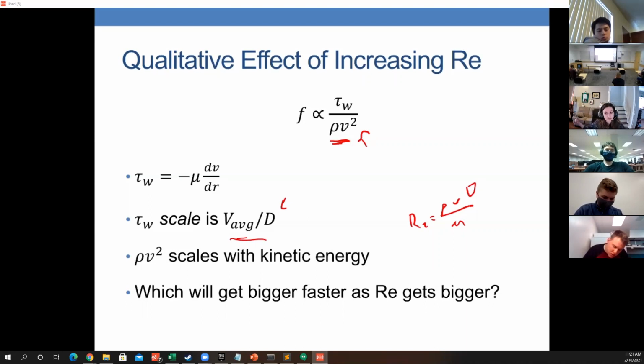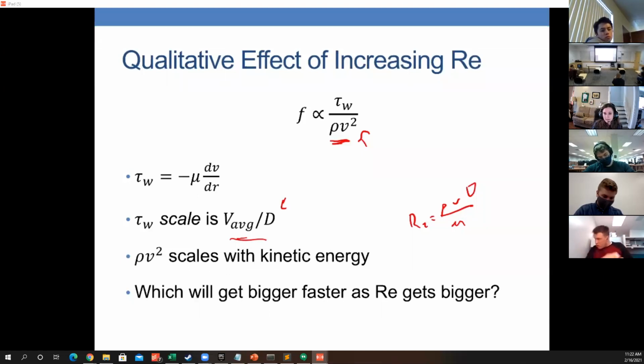So as Reynolds number gets higher, do we expect the friction factor to get smaller or bigger? We would expect it to get smaller because as Reynolds number increases, the denominator is increasing faster than the numerator. Yep, exactly.